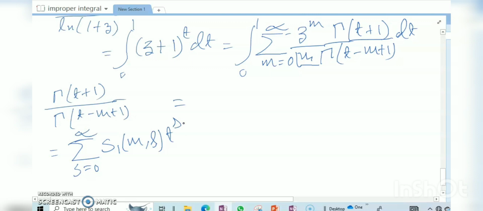It can be written, so z by log z by log.